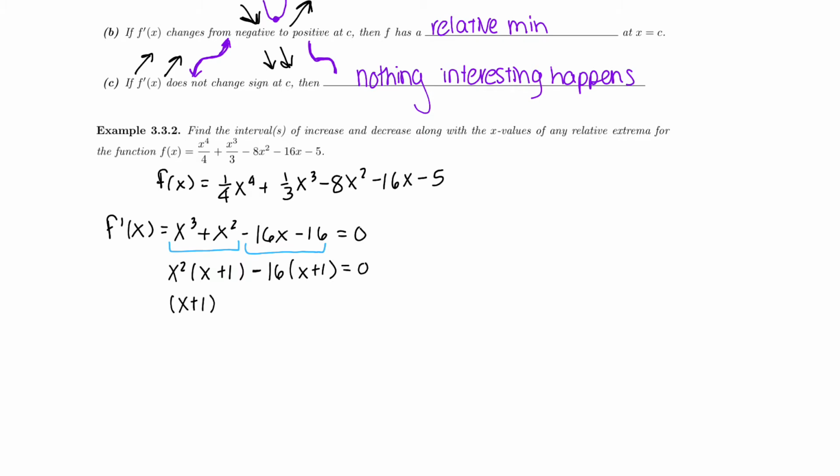I can factor out the x plus 1, and then I have an x squared minus 16, which is a difference of squares. So the important values are -1, -4, and 4.